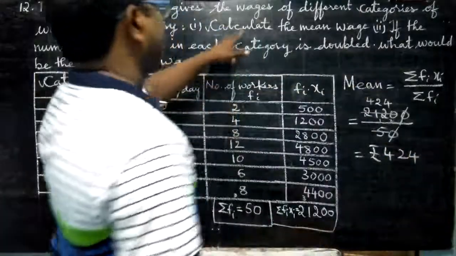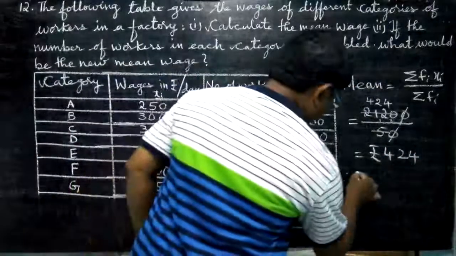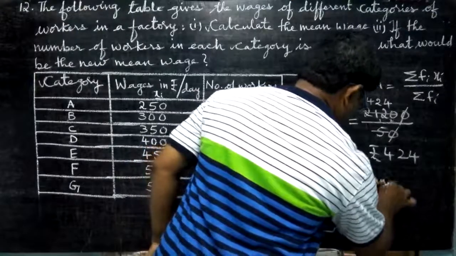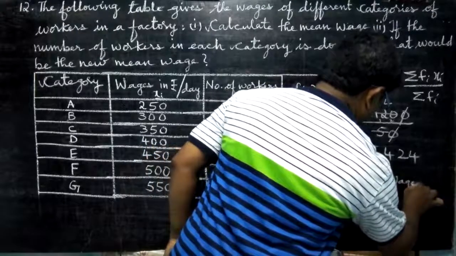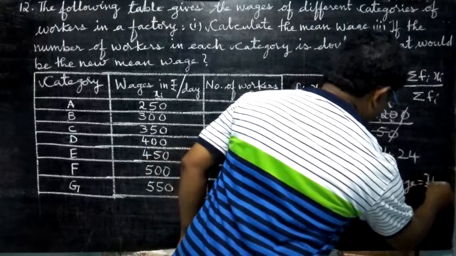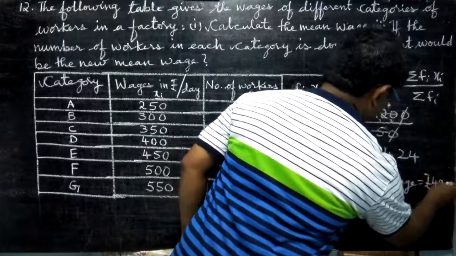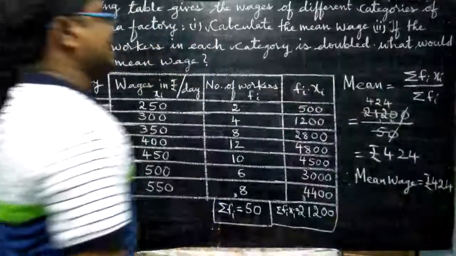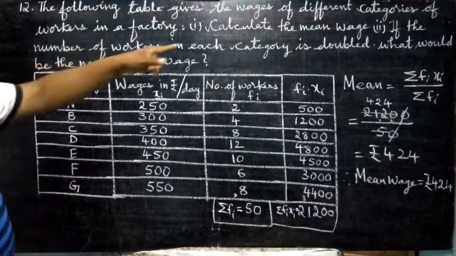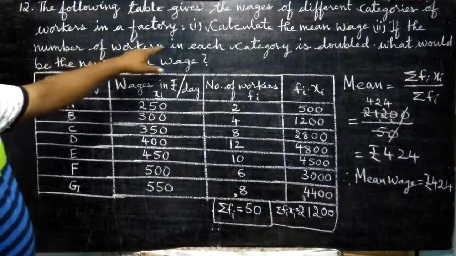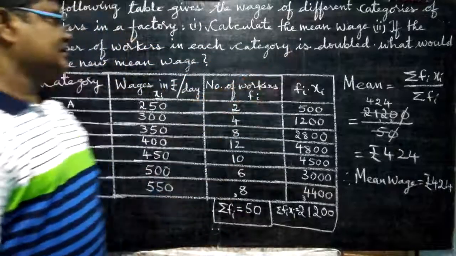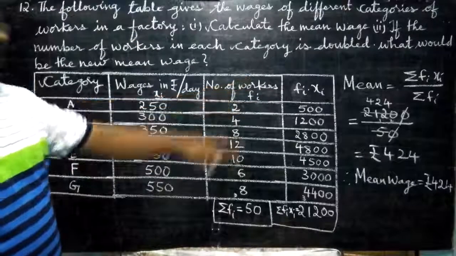Therefore mean wage is equal to rupees 424.